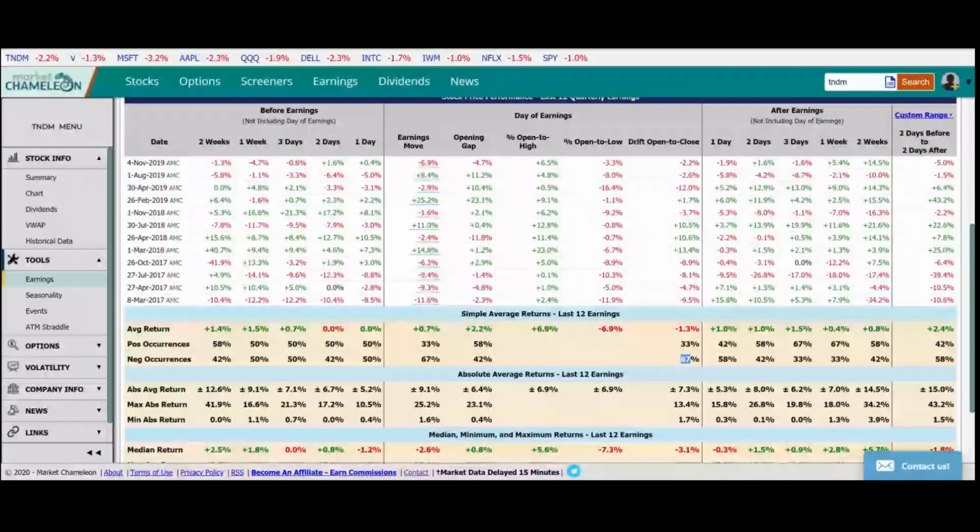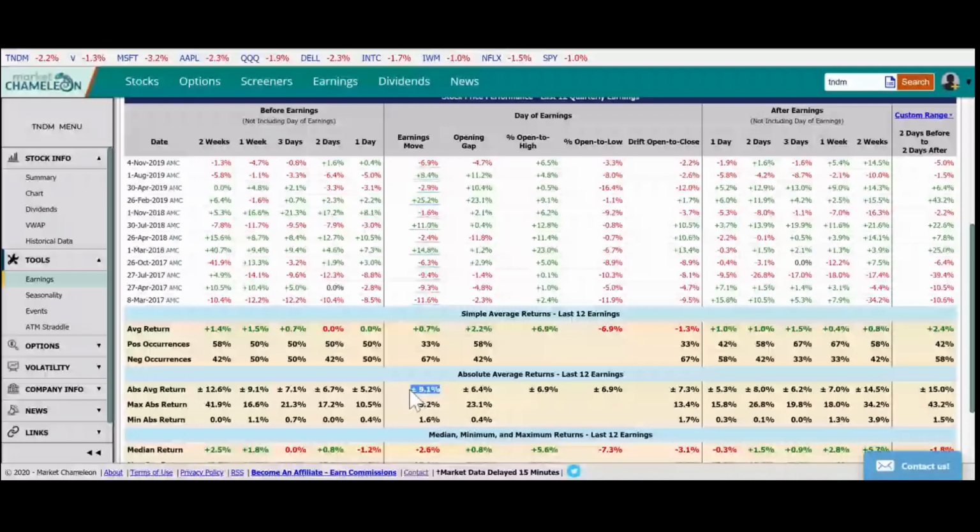The absolute average move, which converts all these moves to positives to see the average move, is 6.4% on the opening gap, but by the end of the day it's been 9.1%.